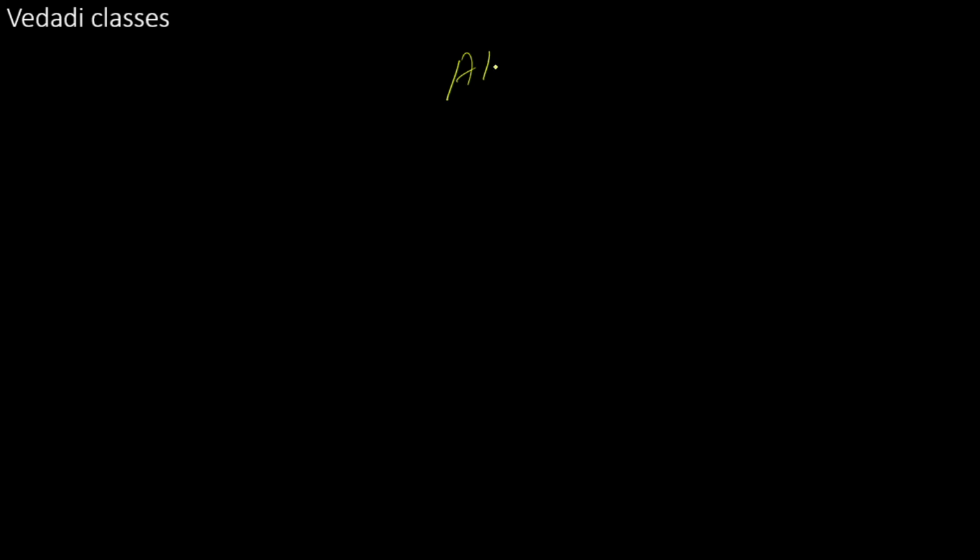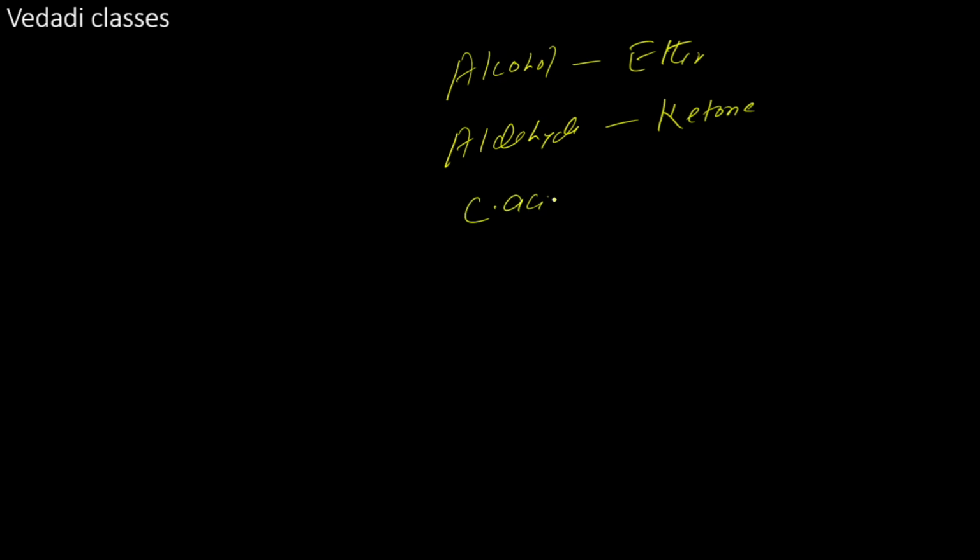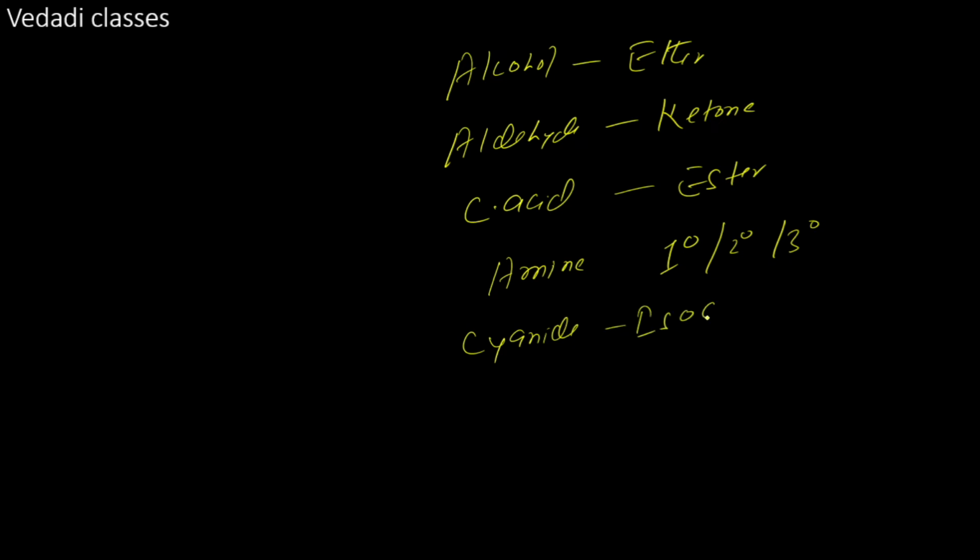Functional isomerism is possible in alcohol and ether, aldehyde and ketone, carboxylic acid and ester, amines, where we have 1 degree, 2 degree, 3 degree amines, cyanide and isocyanide, nitro and nitrite, and these are the pairs; there are also some amide and oximes too.